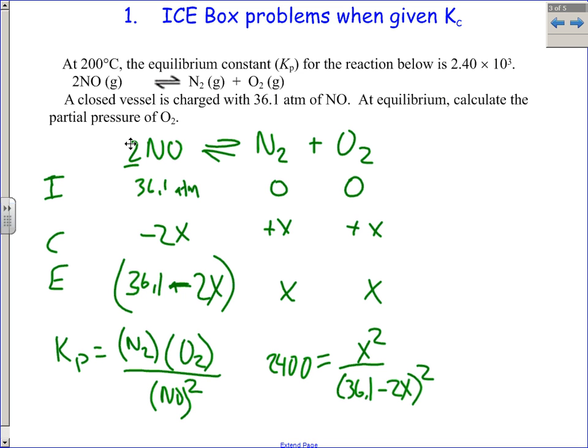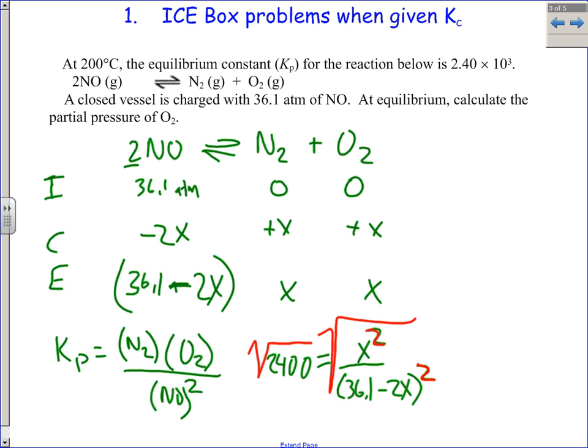In this particular case, I've got an x squared over a quantity of 36.1 minus 2x squared. Well, to avoid the quadratic, how can I do that? Well, if I take the square root of this side, I'm going to get rid of my squares, and I just need to take the square root of that side.